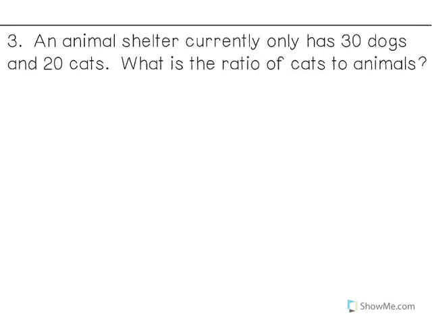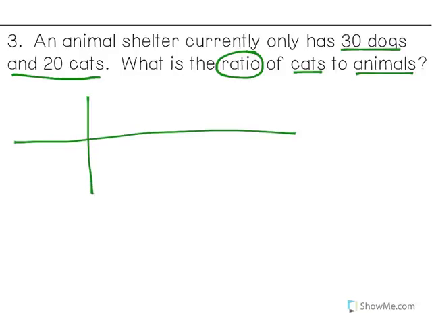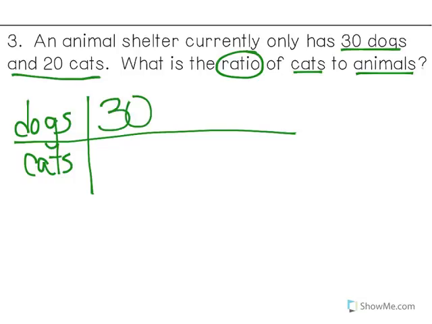An animal shelter currently only has 30 dogs and 20 cats. What is the ratio of cats to animals? So I need my table. I know I have dogs and I have cats. And my problem says I have 30 dogs for 20 cats.